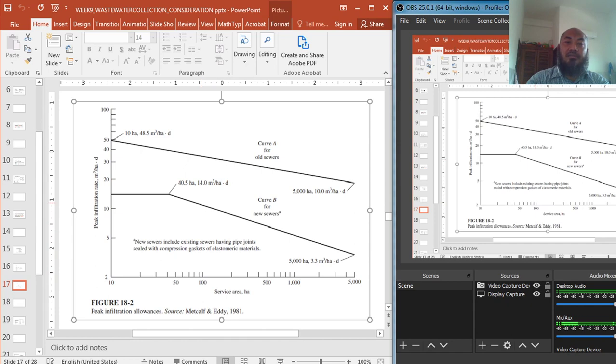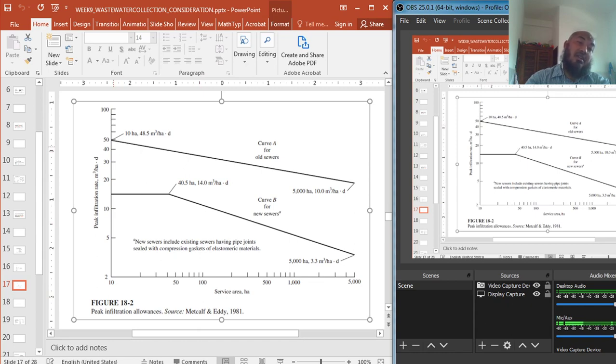So this is for this curve, for the new sewer. If you would like to install a new sewer, perhaps you need to use this one. But if you have 100 hectares and you are constructing the system based on the old sewer, you hit this graph and then you come here.